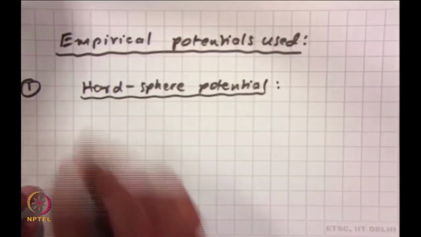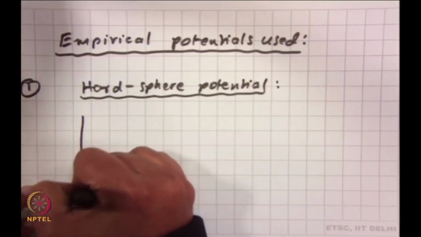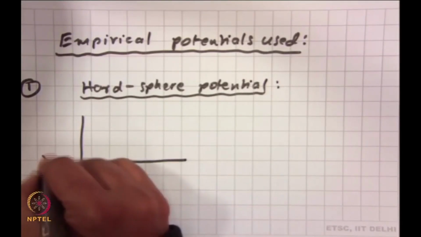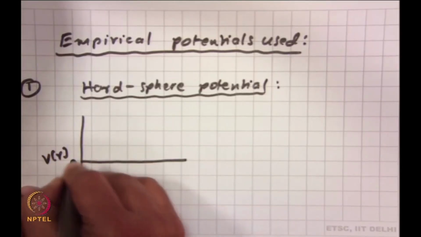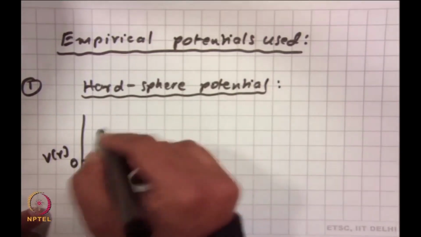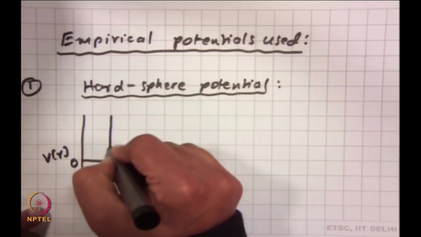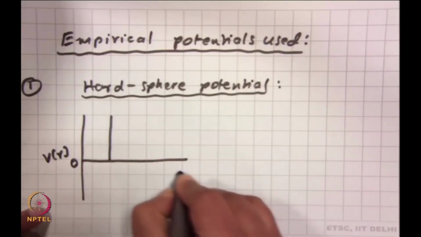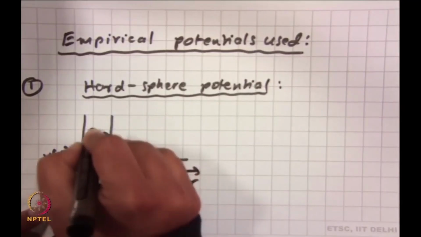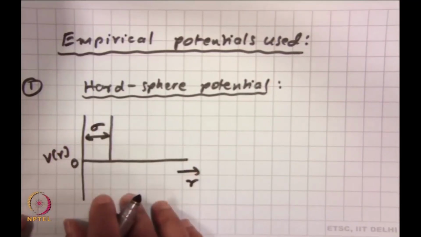Now, what do we mean by hard sphere potential? Suppose we draw a potential energy diagram. I have V of r, and this line is arbitrarily taken as 0 potential energy of interaction. Let me draw another line here. This is your r, and this distance is known as sigma.